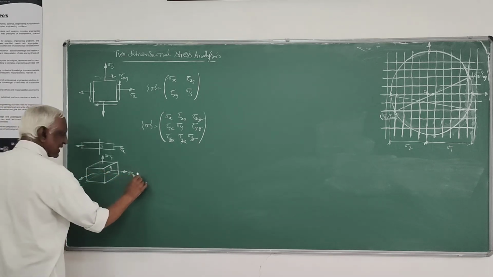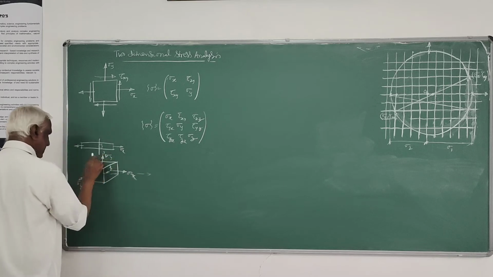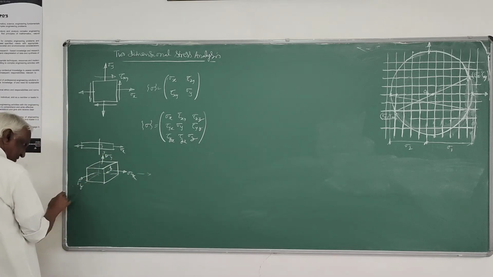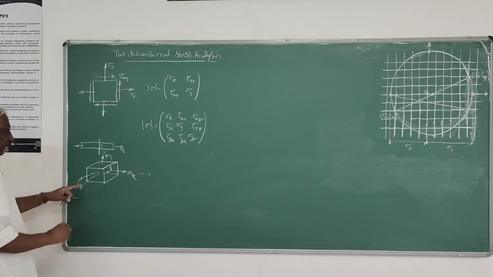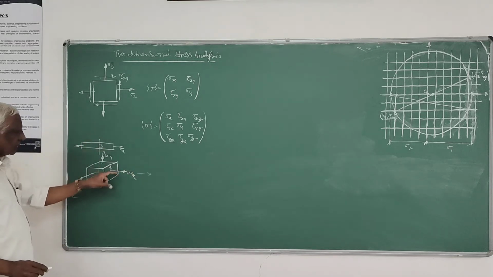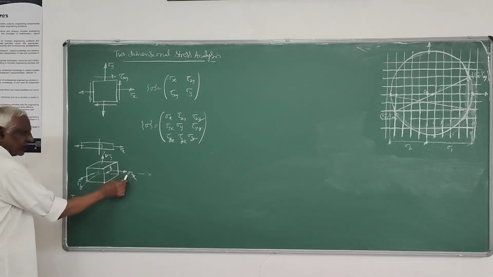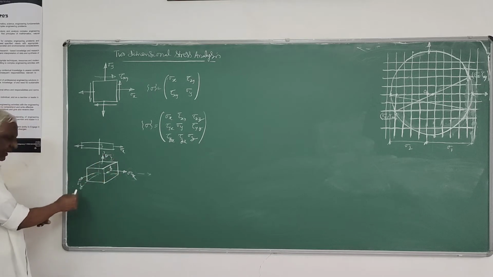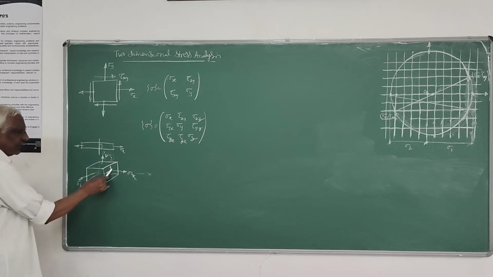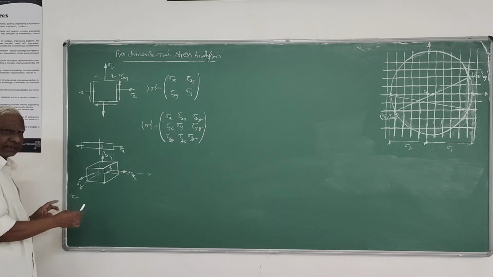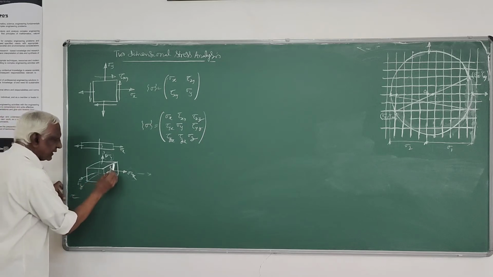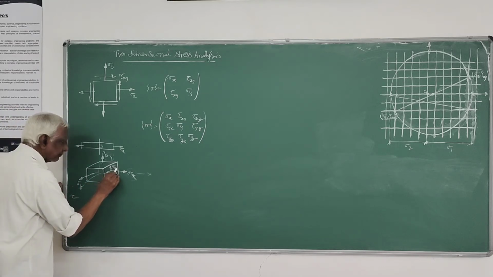If you take this as x-axis, this as y-axis, this as z-axis, then normal stresses along x, y, z axis are denoted by sigma x, sigma y, sigma z, and two shear stresses in the plane are represented as tau xy, tau xz.